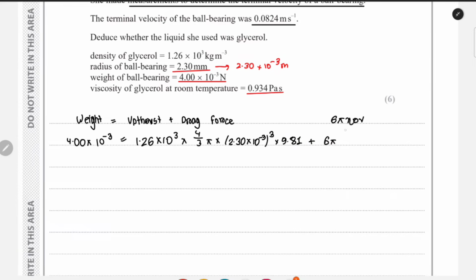We'll have 6π × 0.934 × 2.30 × 10^-3 × Vt.